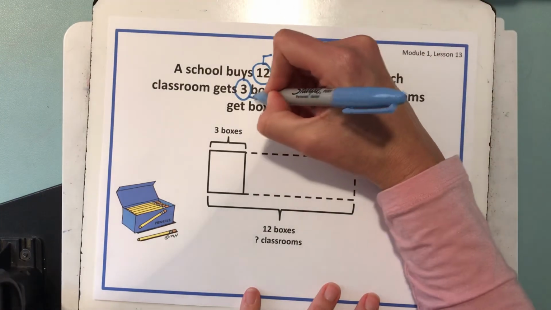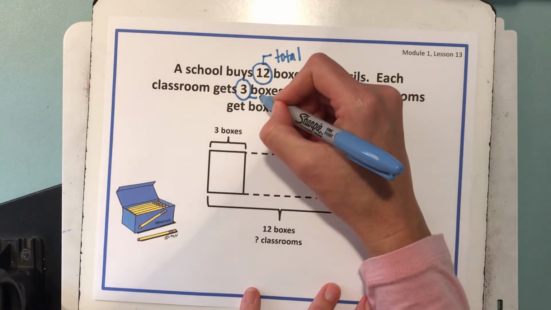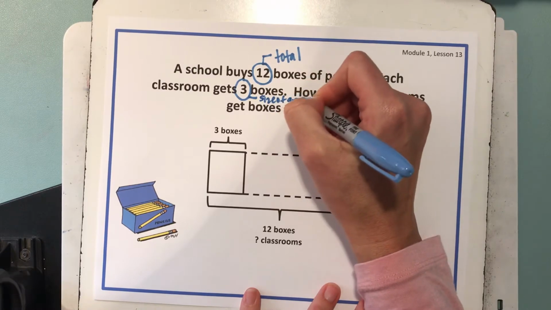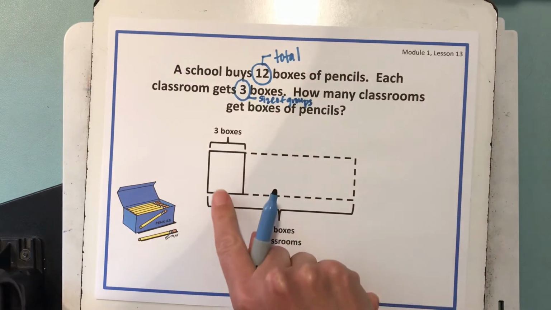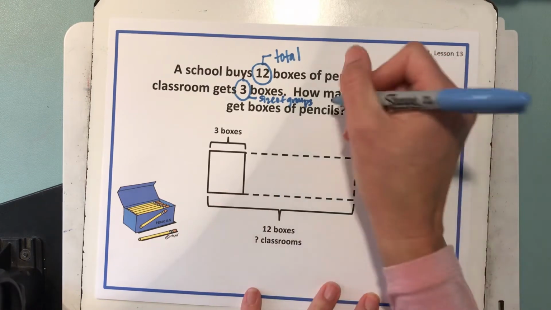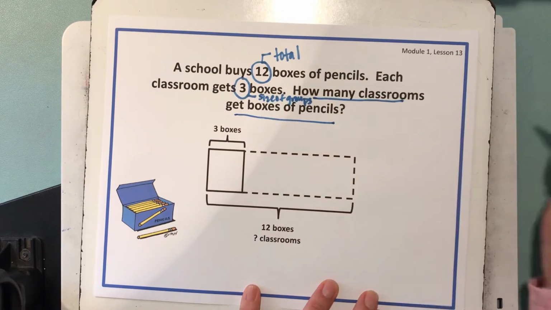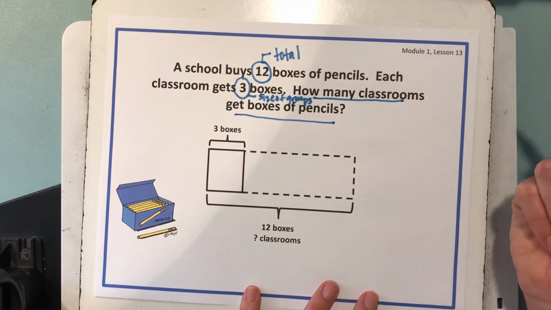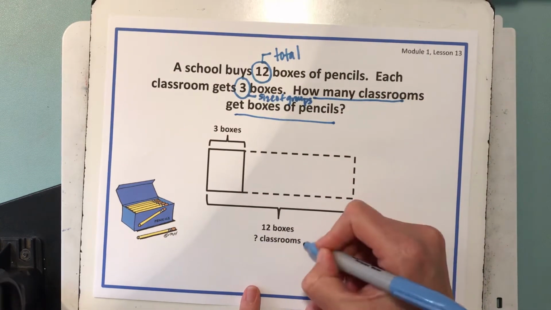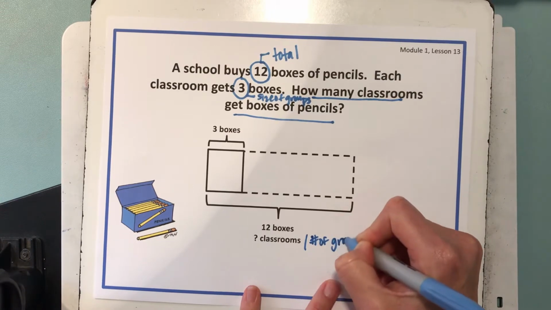And we know that each classroom gets 3 boxes. So we know the size of the groups, right? What we don't know is how many classrooms get boxes of pencils. So we need to figure out how many groups. That's what this represents. This is the number of groups.